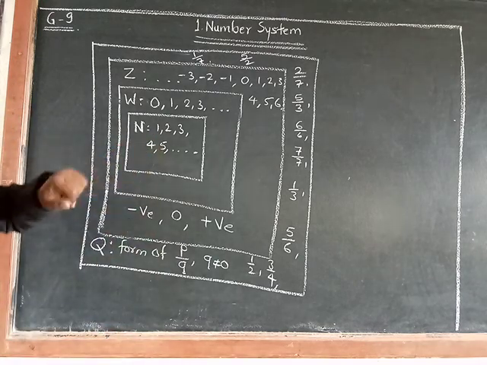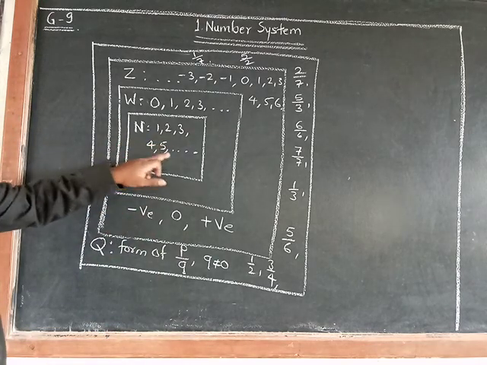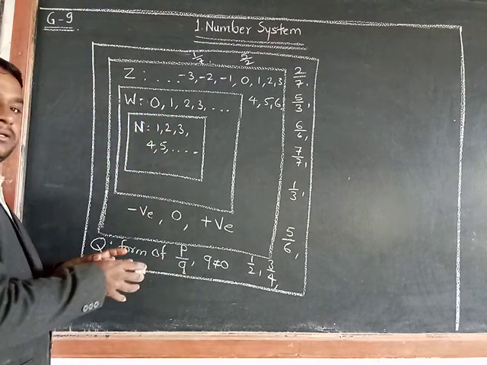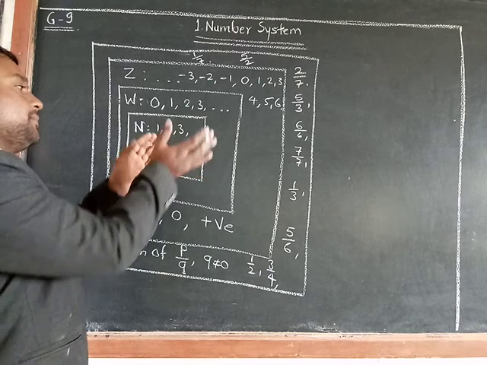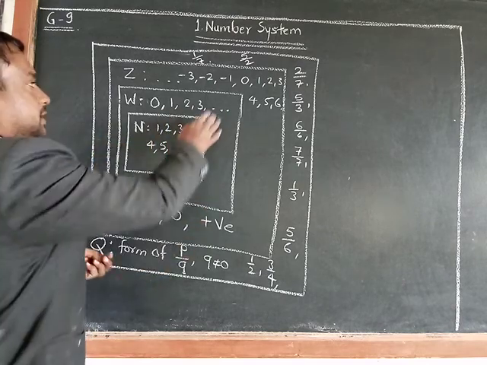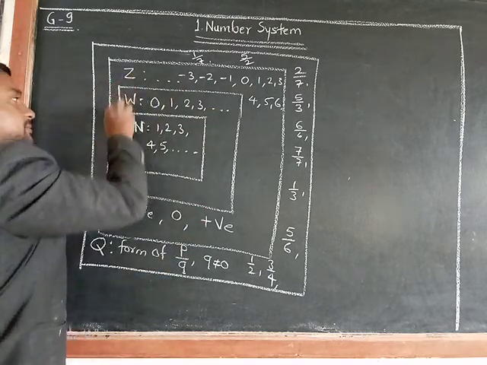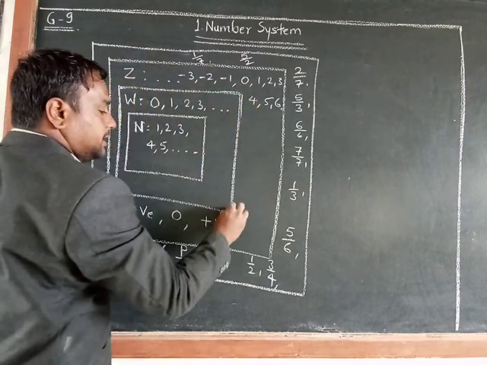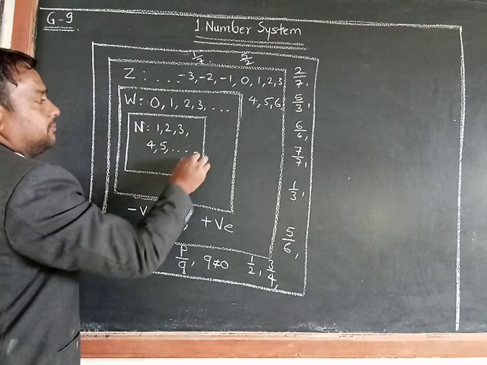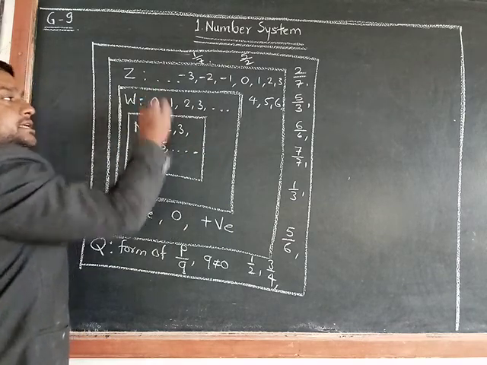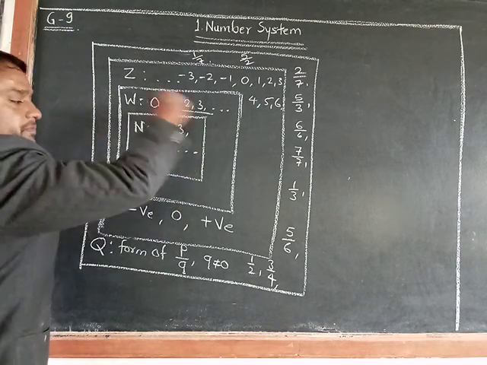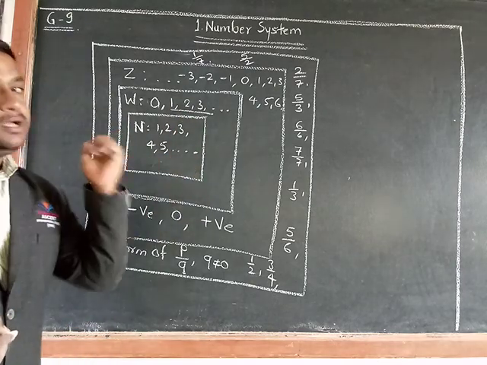The natural numbers include 1, 2, 3, 4, 5 and so on. If we add 0 to the natural numbers, it becomes a complete set of whole numbers. So 0 plus all the natural numbers completely makes the set of whole numbers.